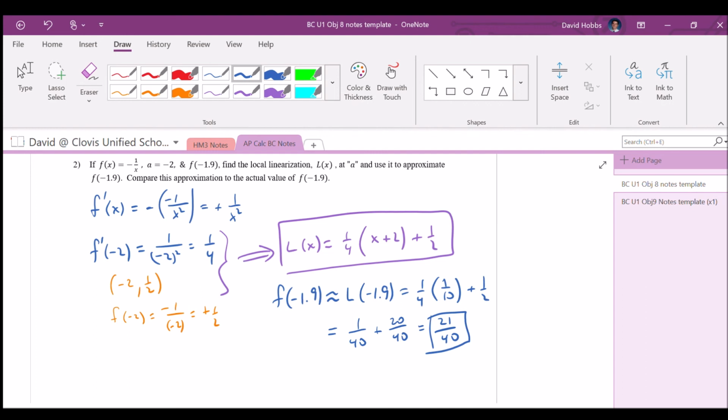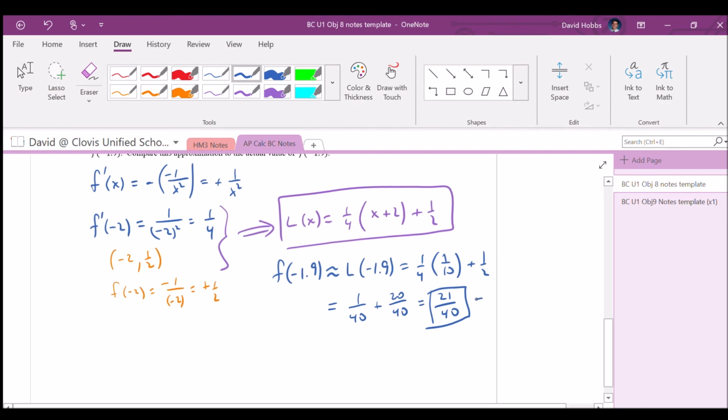Now we're going to be comparing it to the other. So go ahead and grab your calculator. Let's do 21 divided by 40. And that is equal to 0.525.